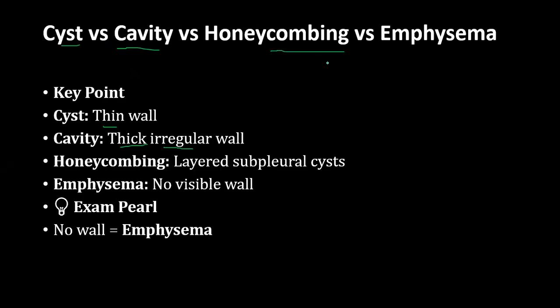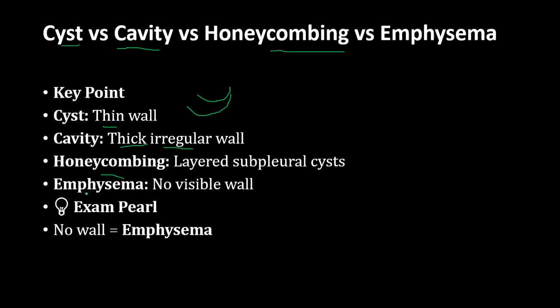Honeycombing consists of very small cysts, usually seen in a layering pattern, 3 to 10 mm in size or variable, and usually seen in the setting of interstitial lung diseases with significant fibrosis and architectural distortion. We discussed honeycombing in much detail in the previous class, so I'll not go into detail in this session.